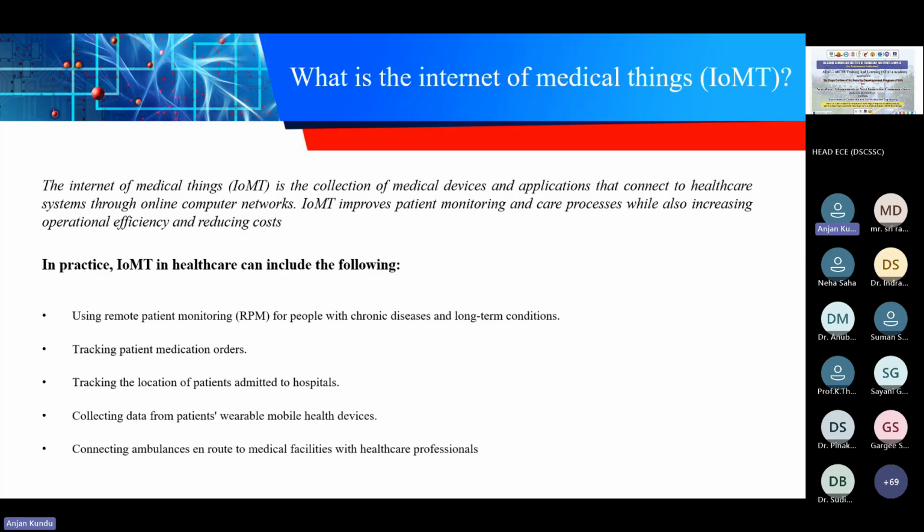Also, there is a facility that can be implemented through IoT, but I think it is not being implemented in our locality: connecting ambulances to the medical facility. Whenever the ambulance is carrying a patient, that patient's parameters along with the ambulance location will be conveyed to the nearby hospital to which the ambulance is going. So we can track the ambulance as well as the parameters of the patient within it.